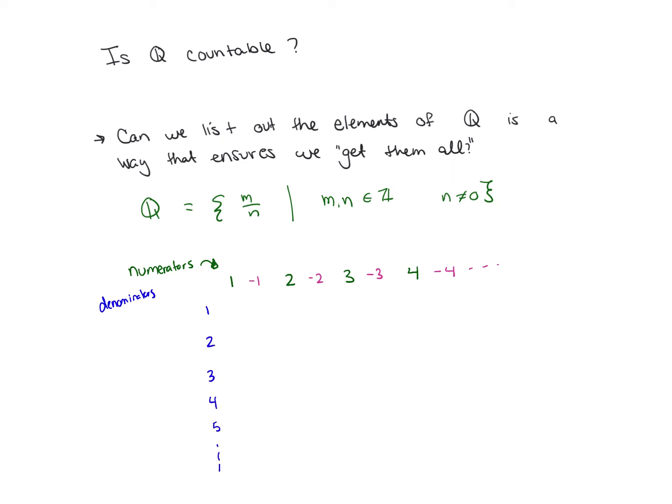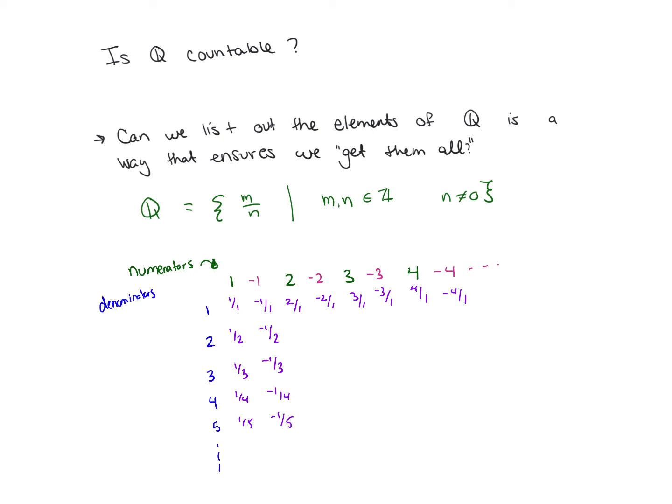And now I can just sort of pair those up. So this gives me 1 over 1, negative 1 over 1, 2 over 1, negative 2 over 1, 3 over 1, negative 3 over 1, 4 over 1, and so forth. And then I can get 1 over 2, 1 over 3, 1 over 4, 1 over 5. So I can just go ahead and plug these in to get all of my rational numbers.